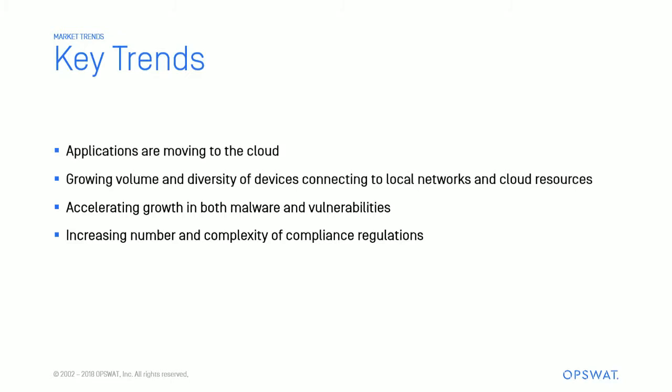So these are some of the key relevant trends here. Applications are moving to the cloud. There are more and more different types of devices that are connecting to both local networks and to cloud resources. At the same time, we've got malware growing and vulnerabilities on devices and on servers and applications.